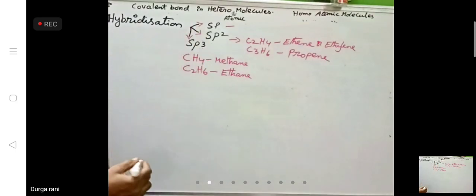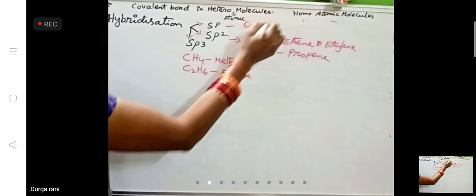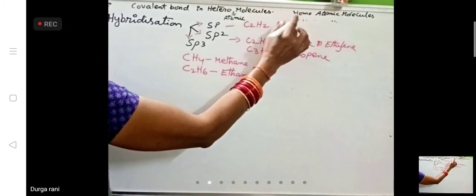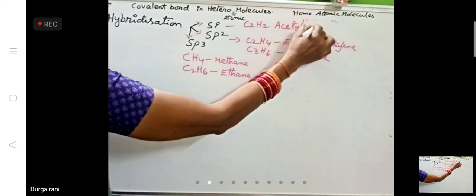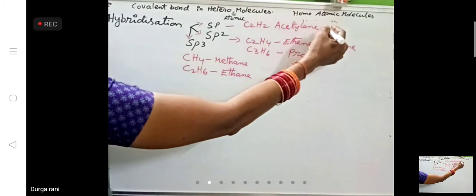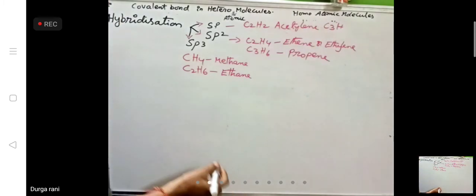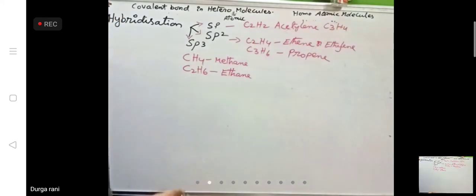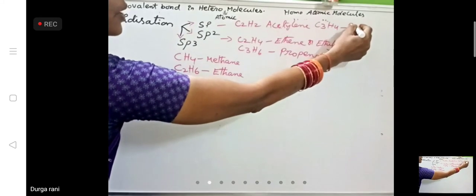Next, sp hybridization we are able to find in C2H2. This is also called acetylene, the acetylene molecule, and C3H4, the propyne molecule.